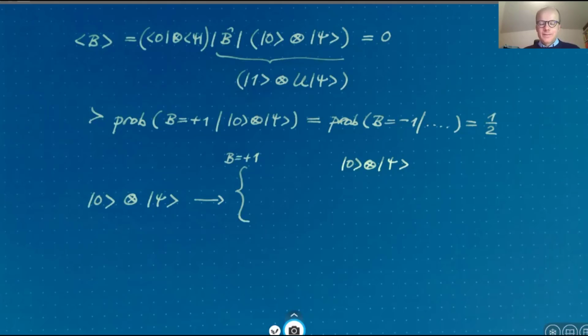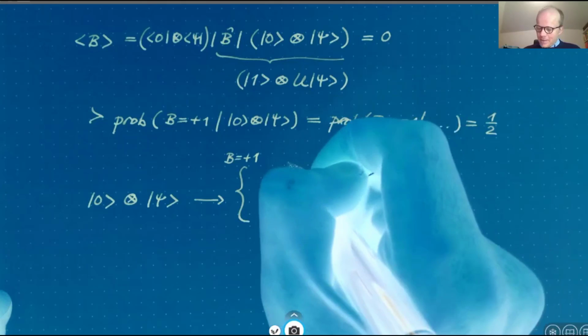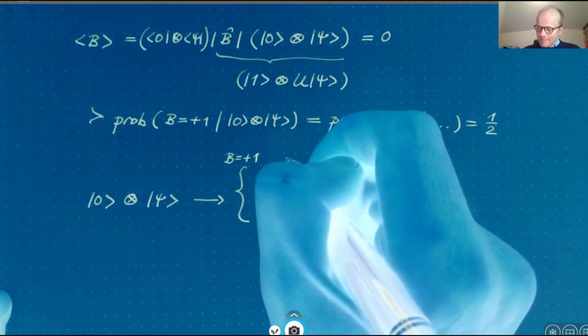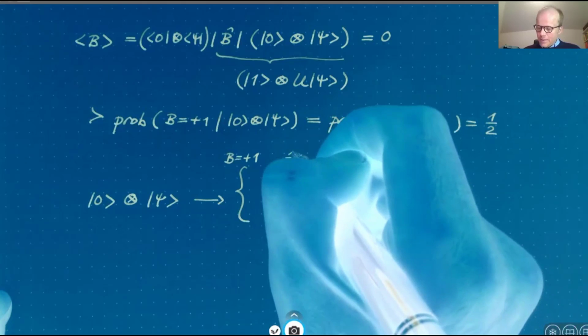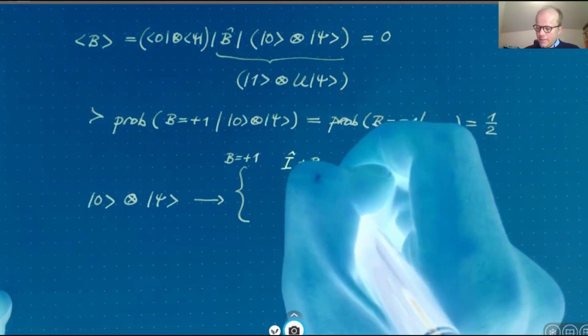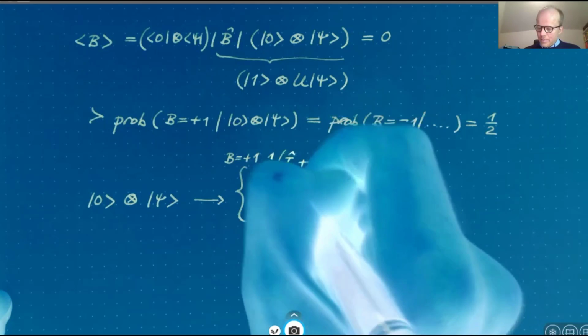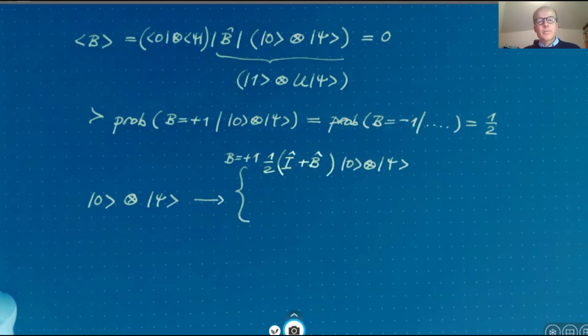Now, since the observable B has only eigenvalues +1 and -1, this projector is easily written. It is the sum of unit operator plus B times 1/2. This does the projection.